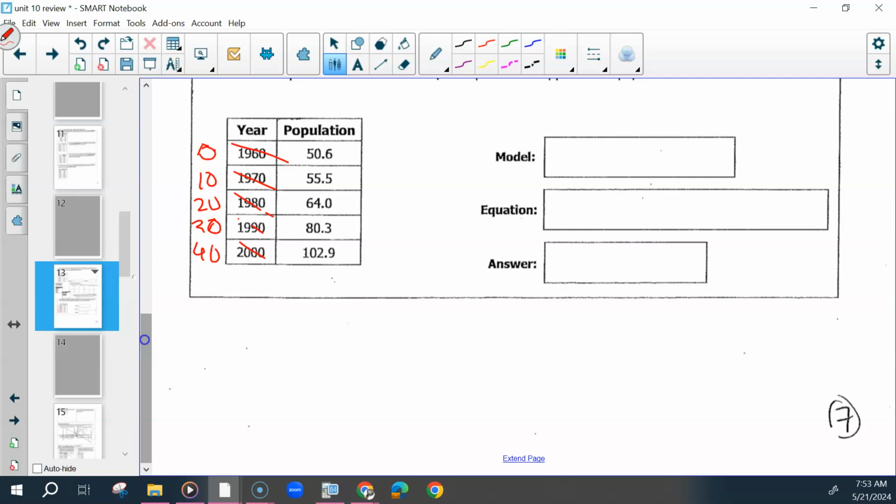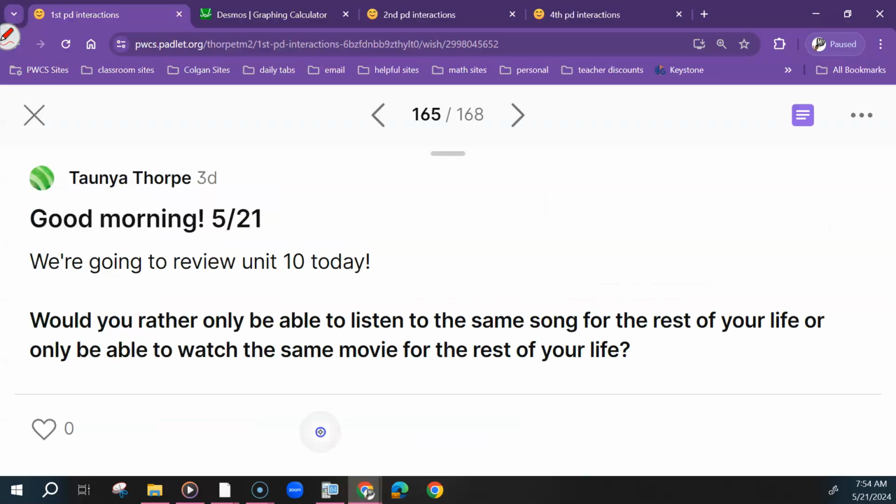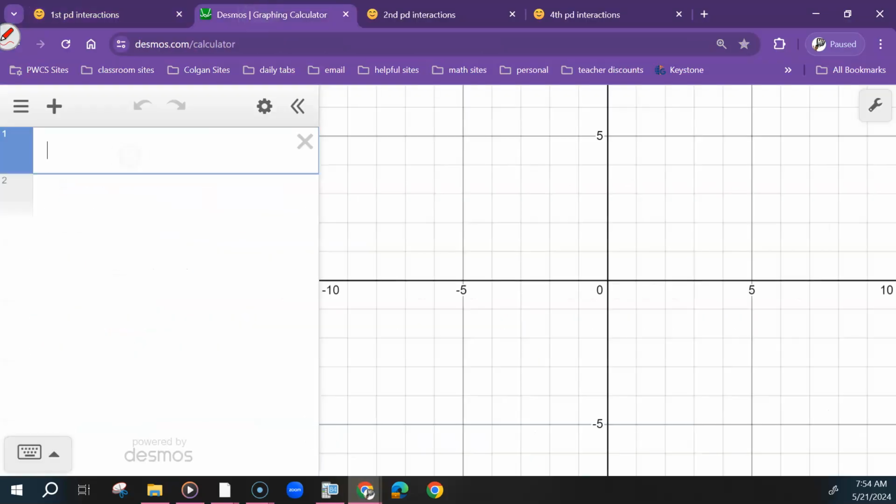Remember, don't assume that the pattern will follow. Actually count how many years has it been, because it may change. It may not be a pattern. And then I'm going to do this in Desmos, but if you want to see it in the calculator also, I will go back and do that. So then we would put in each of those numbers.